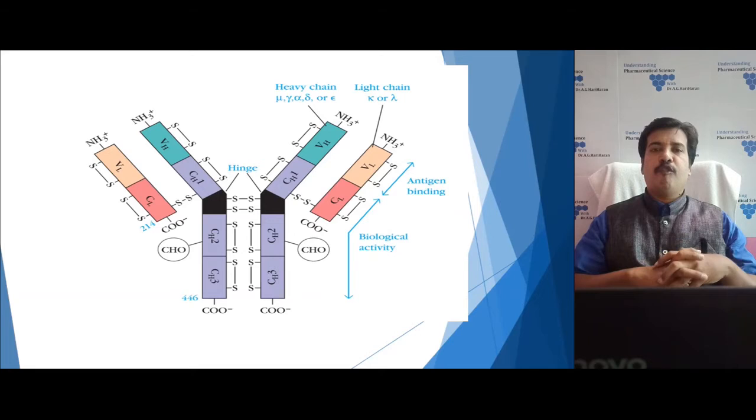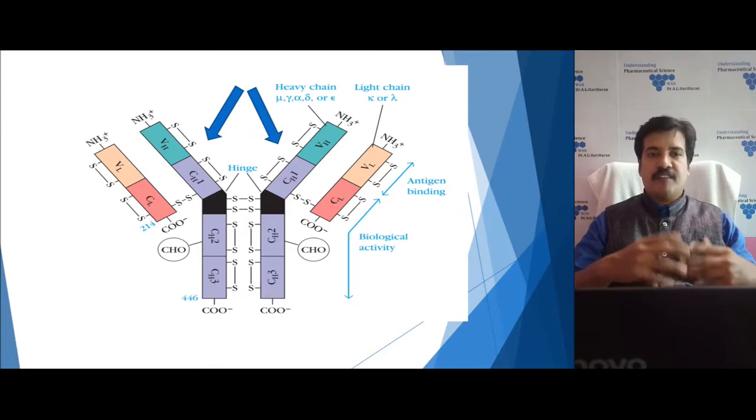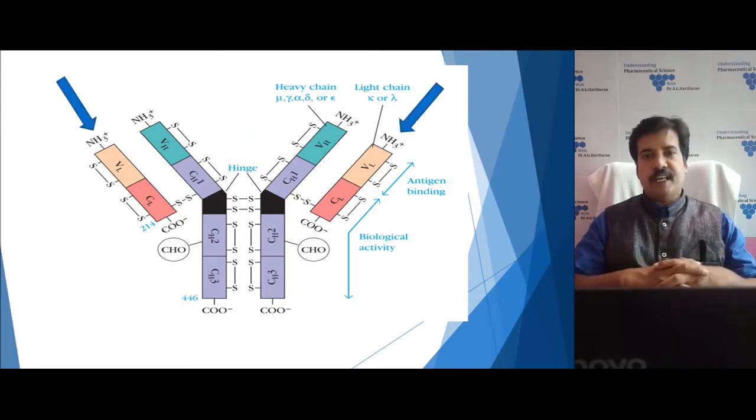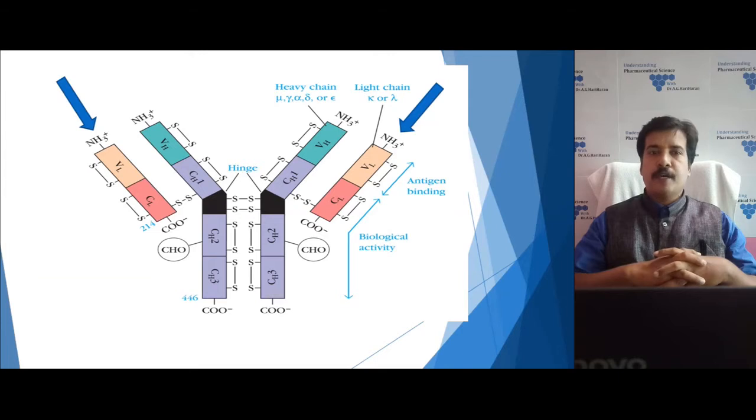Out of these 4 chains, 2 chains are heavy chains. We call it a heavy chain because it carries a larger number of amino acids than the other type of chain, which is called a light chain, which has fewer amino acids. So the immunoglobulin, that is the antibody, is composed of 4 chains: 2 heavy chains and 2 light chains.